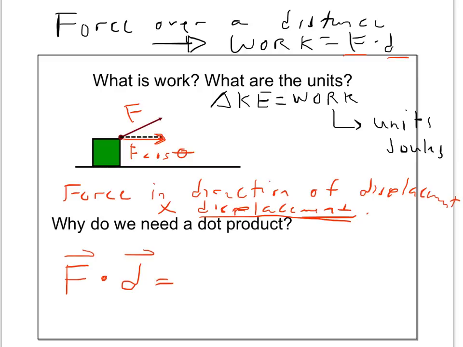That is work, because that equals force in the direction of my displacement times my displacement. And remember that this is a scalar.